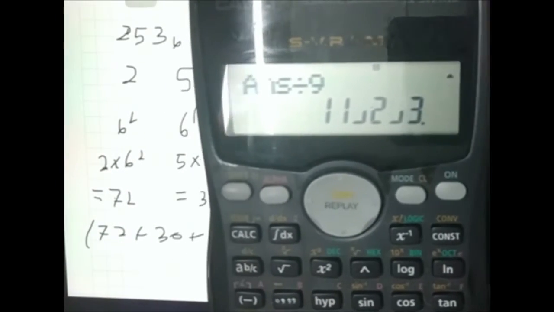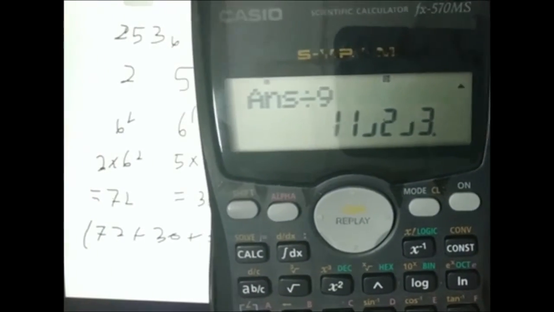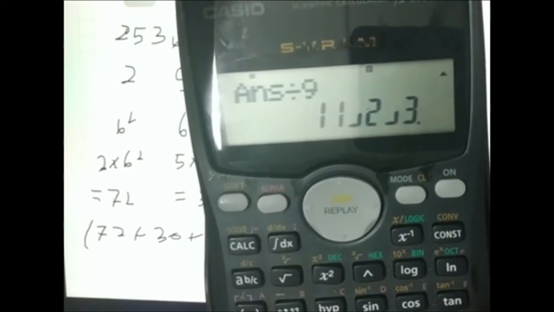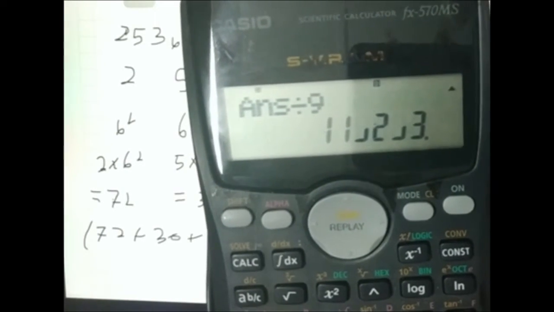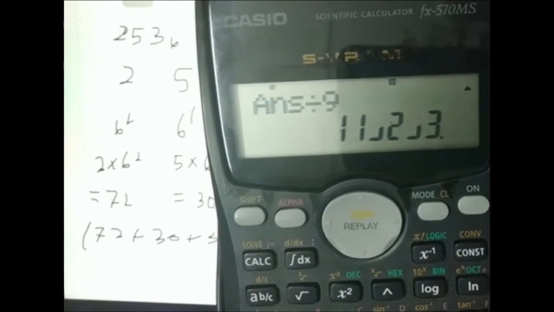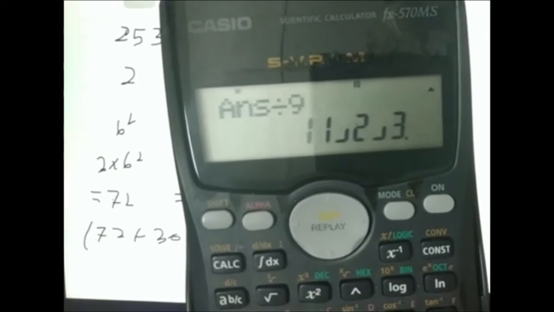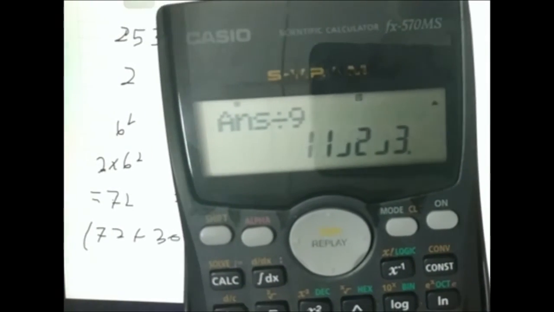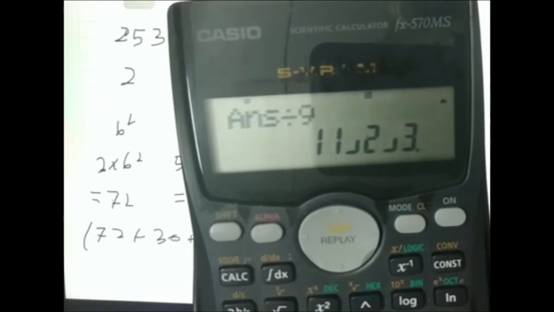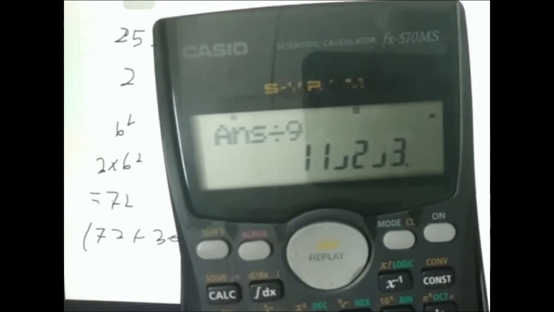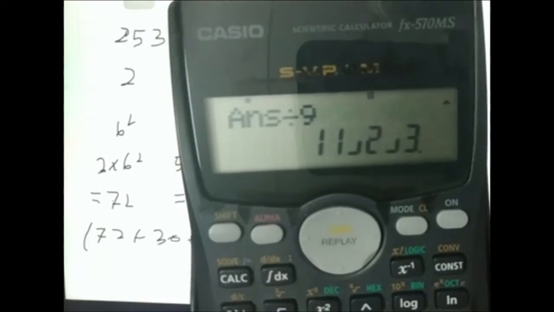Because if you use your calculator, you see that the denominator is 3. So we have to times 3 to get the denominator the same as the base. So 3 times 3 is 9. We have to times 2 as well. 2 times 3 is 6.